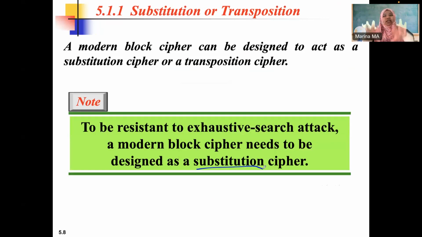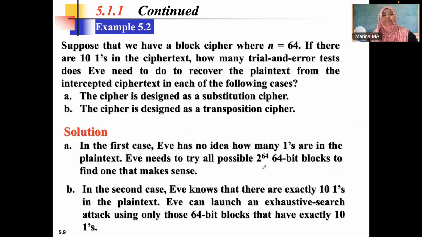Okay, let's think this way. Substitution is better in terms of exhaustive search attack. Exhaustive search attack means brute force: they try every combination. Let's give a specific example. Suppose we have a block cipher where n is 64.